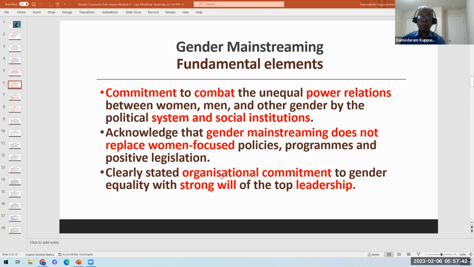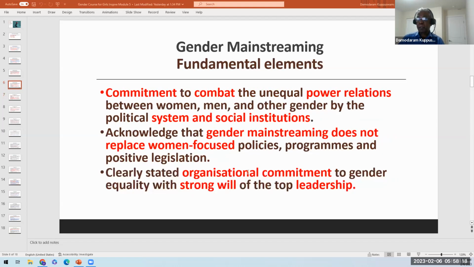We are all coming from organizations, whether non-governmental, government, or activists in our own way, and we are all looking at commitment to gender equality or mainstreaming gender at the senior leadership level. So when looking at organizational strategies and policies, they look at whether this is reflected.